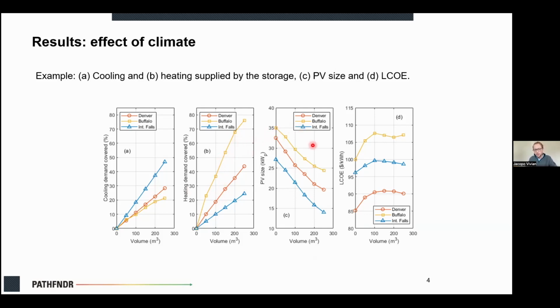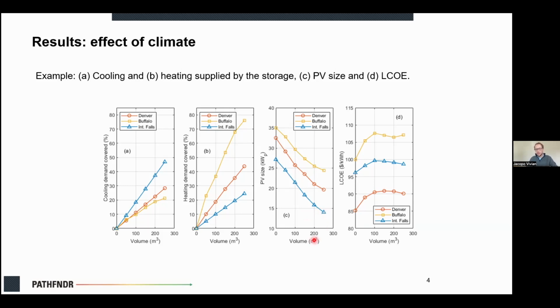But the most interesting part is here, in my opinion, and this tells us that there is a trade-off between the ice storage size and the PV system size, because the higher the volume of the storage, the lower the size of the PV system.